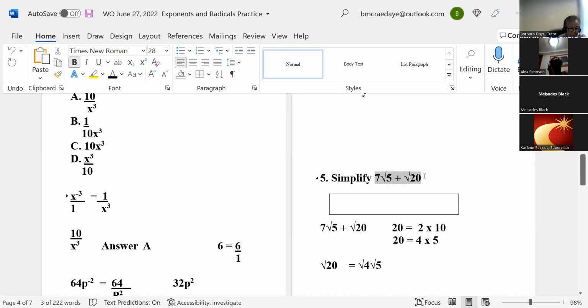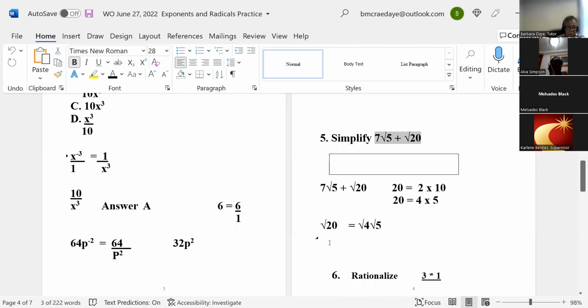Okay, let me copy this again and substitute in our factoring. That's going to be equal to, and we leave the square root of 7 times square root of 5 just the way it is. But the square root of 20 now becomes square root of 4 and square root of 5, right? Yes.